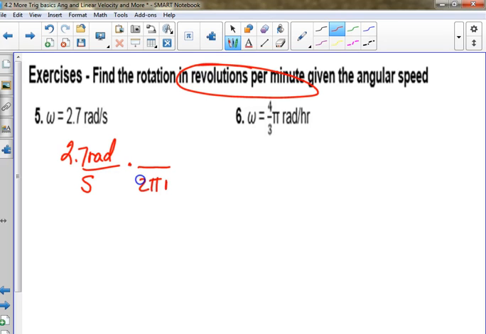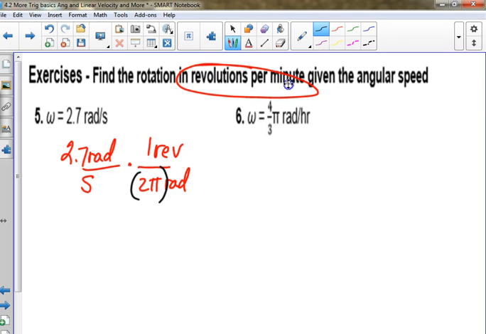So 2 pi radians is equal to 1 revolution. Now, I'm going to warn you right now, this is a hot mess. Because if you type 2.7 divided by 2 times pi, is your calculator going to divide the pi in the denominator? No. So you're going to need parentheses there, okay?